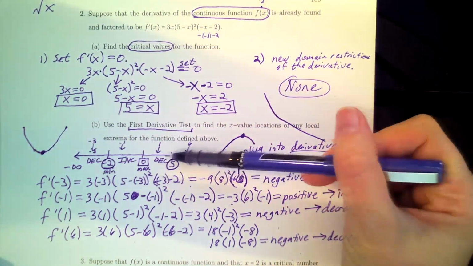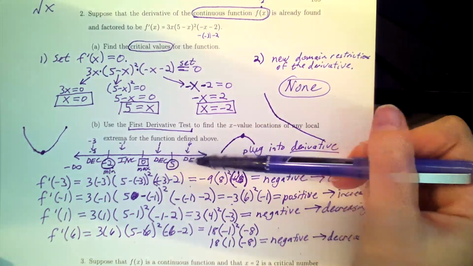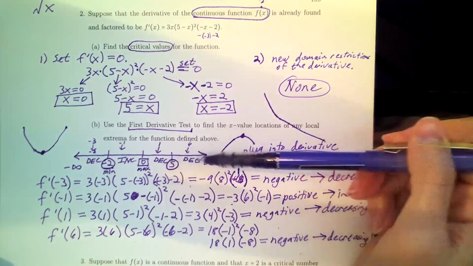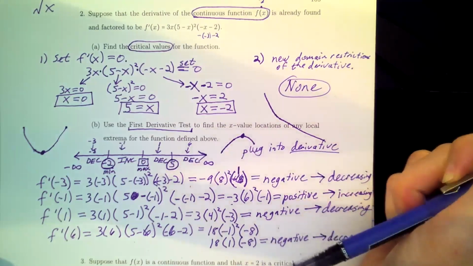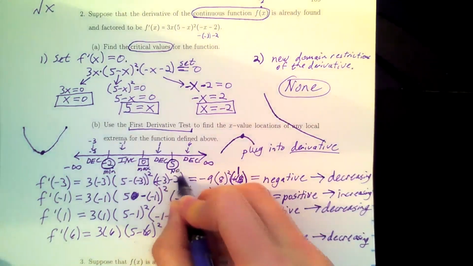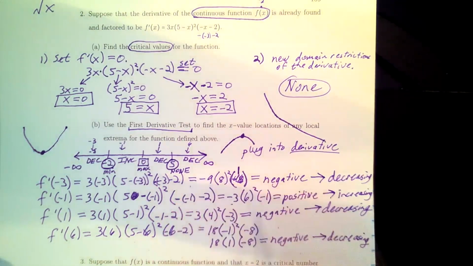There is no switch here. My function's still doing the same thing it was. Since there's no change from one to the other, there cannot be any local max or local min at 5. So here we would say none. 5 is a critical number, but it doesn't correspond to a local max or a min.